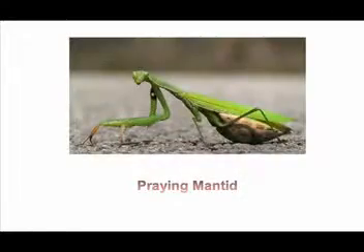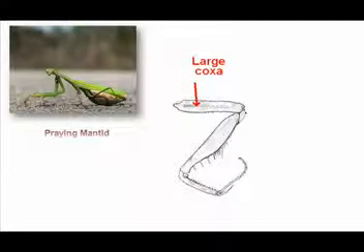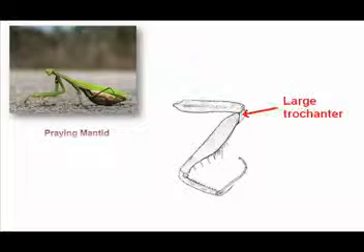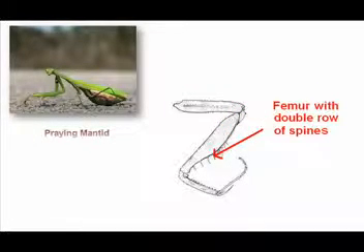Raptorial leg. In mantids, four legs are raptorial or grasping. Each has a large coxa and trochanter. Femur is broad and has a double row of large spines.